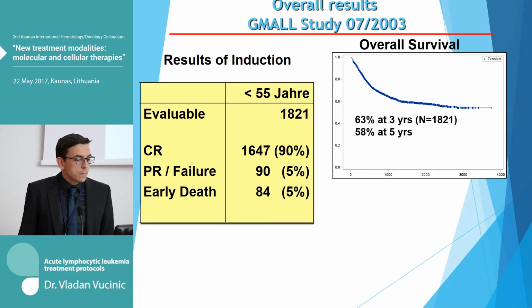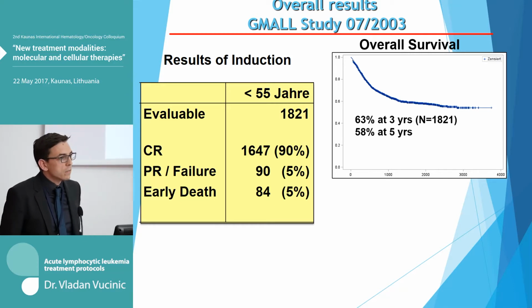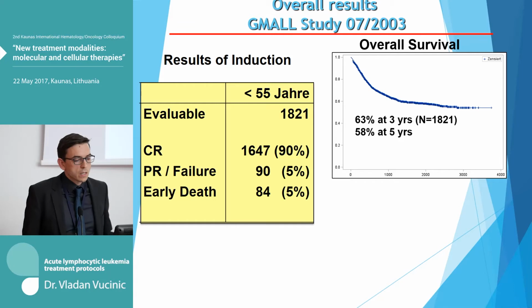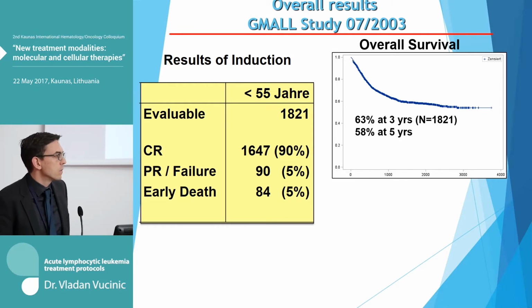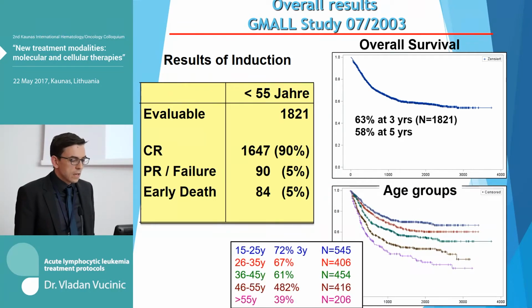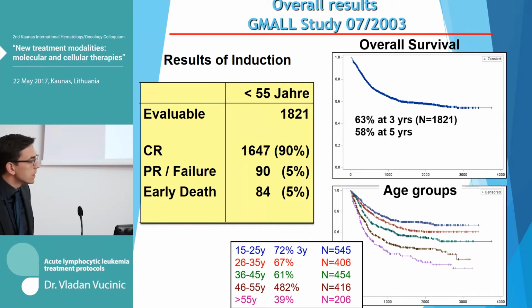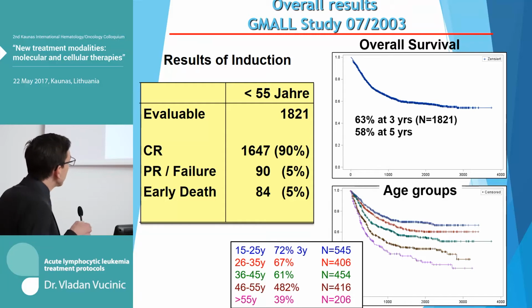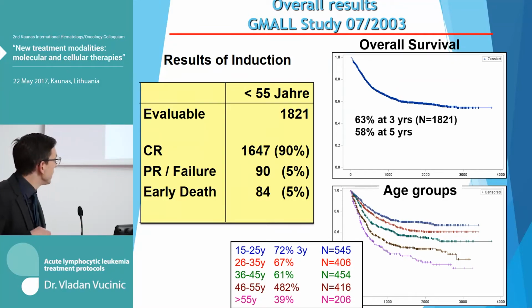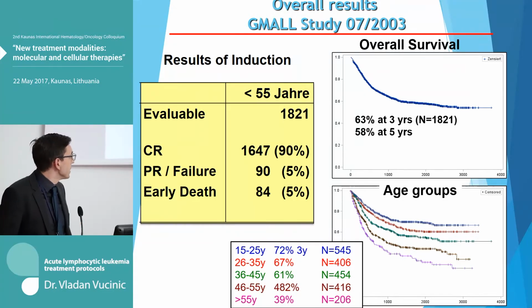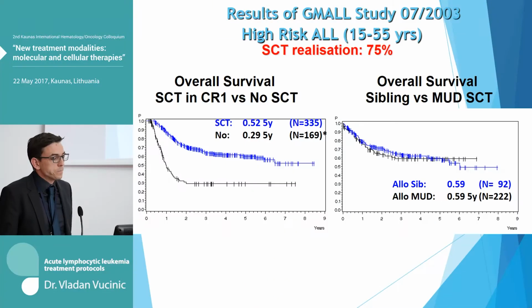If you see, we're talking about ALL, we have a common group of patients, and we have an overall survival at 3 years of above 60%. When we differentiate by age groups, we see that the overall survival of the young adults, meaning 15 to 25 years, is excellent, but the prognosis of the persons in their best years is something that we can optimize.